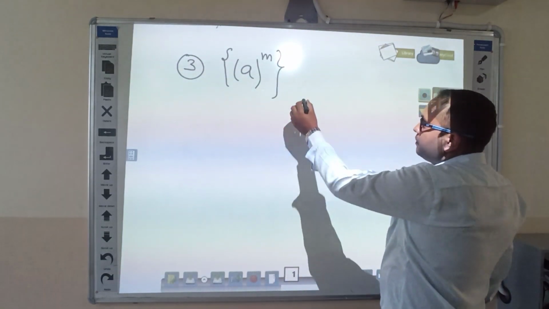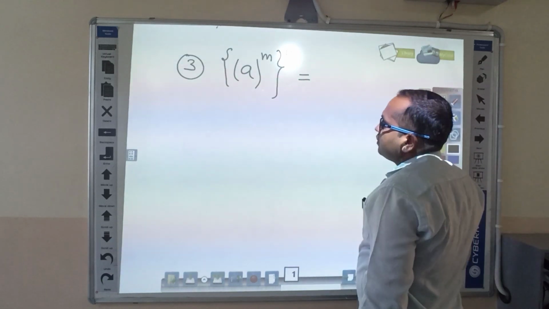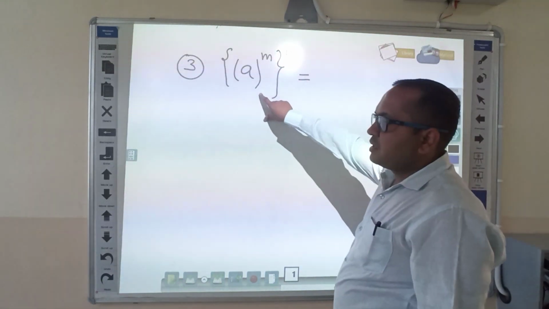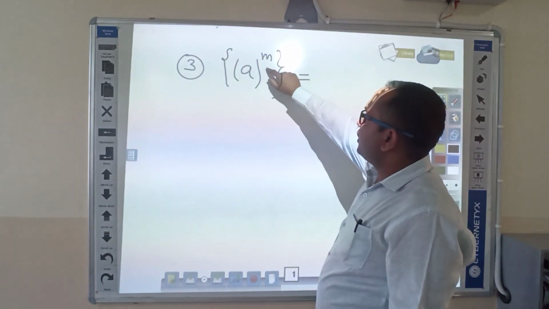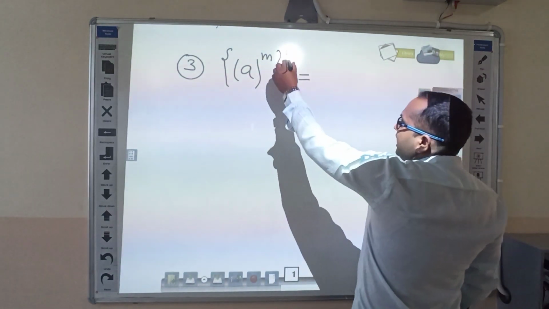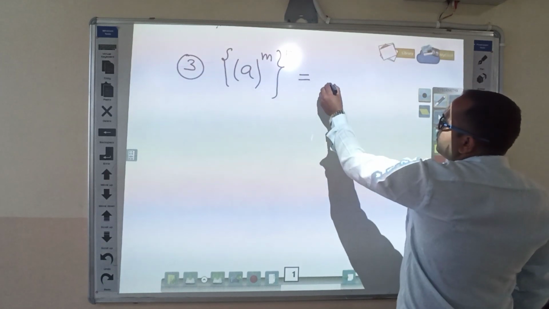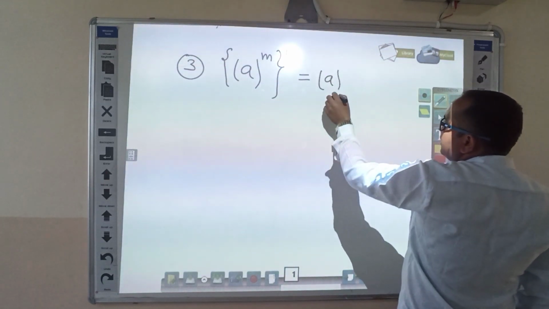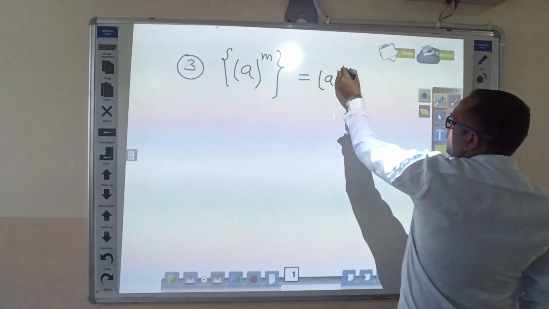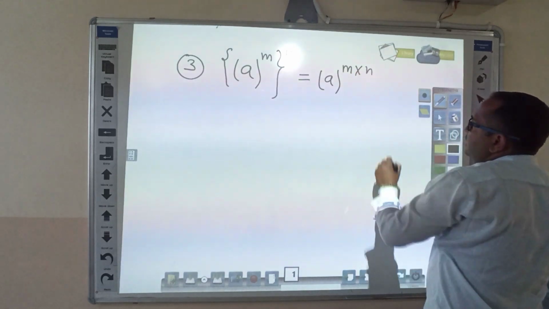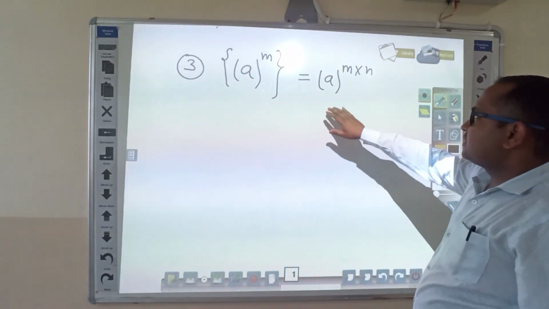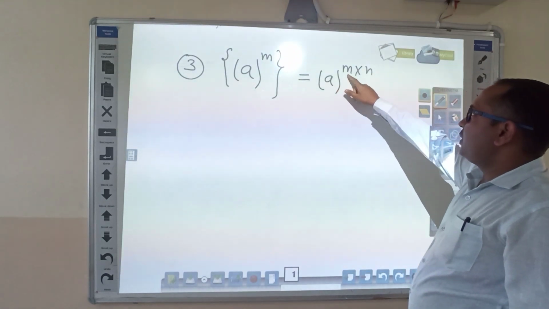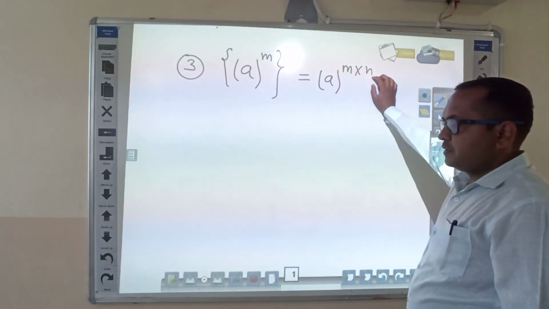So in this type of law, when there is a single base having two exponents, in bracket form, then we simply take the base and multiply the exponents. We simply take the base a and multiply the exponents.